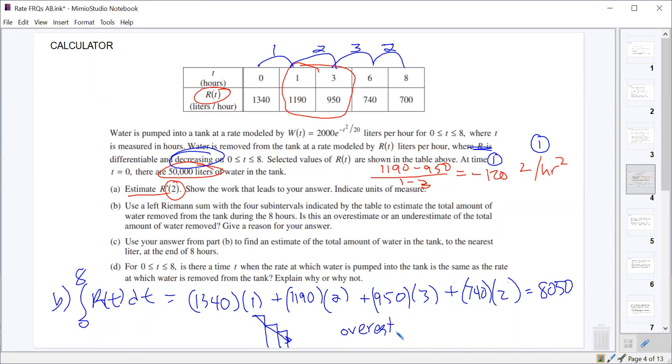So this is an overestimate, and it will be because R is decreasing on the entire interval. Good or no? One point for this setup, 1 point for the value, and 1 point for overestimate because the function is decreasing.